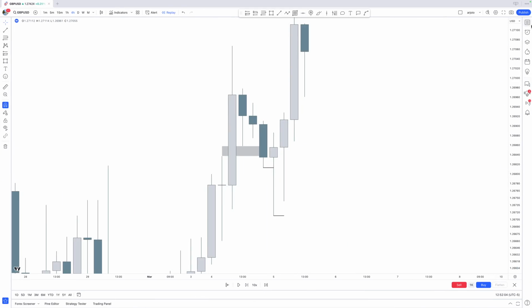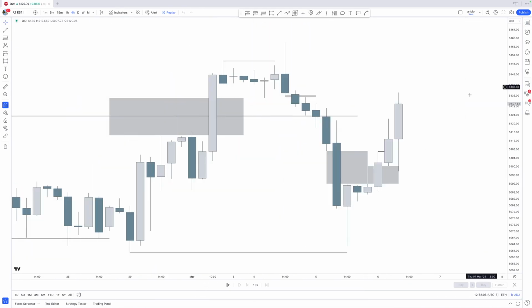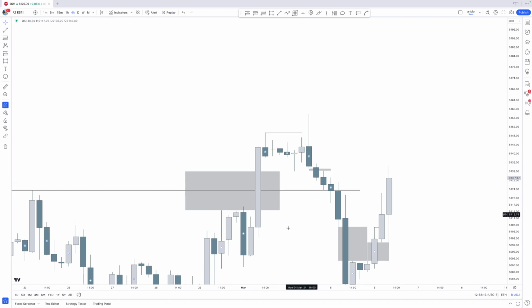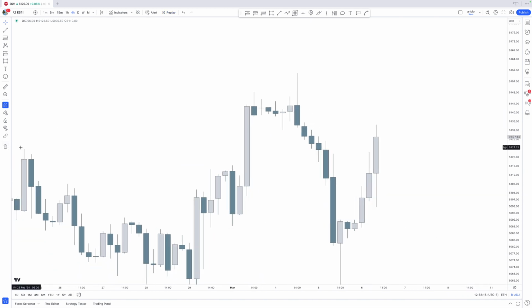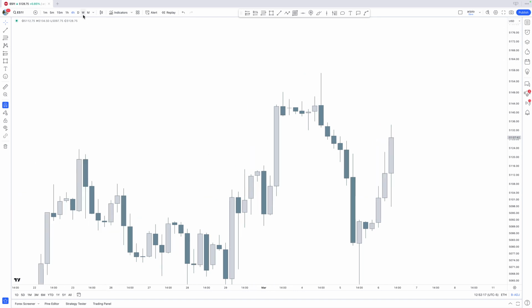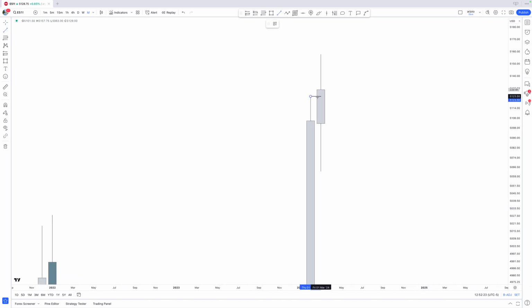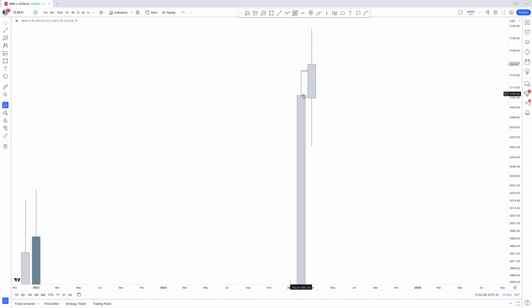Well, if we take a look at ES, we saw this sweep of that high right there before we actually continued lower. This phenomenon is, again, fractal. This happens a lot of times. If we first start off with the monthly right here, on the monthly, we see this previous candle high right there. We have a pretty high close as well.